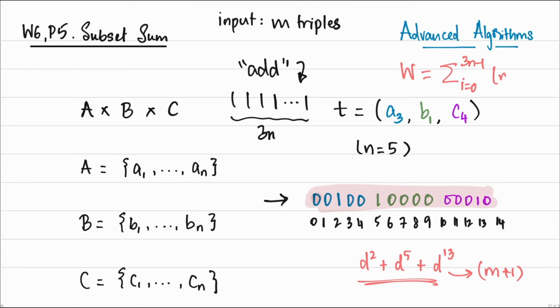And since we are interpreting this in base m plus 1, the number that we are after, the number which is all ones in base m plus 1, is the sum of m plus 1 to the i, summed over all of these indices. So that's our target number, and all of our numbers are to be interpreted as numbers in base m plus 1, and that's about it.